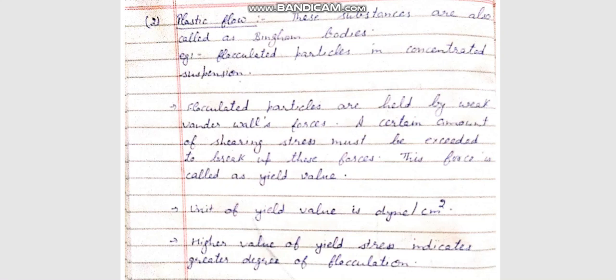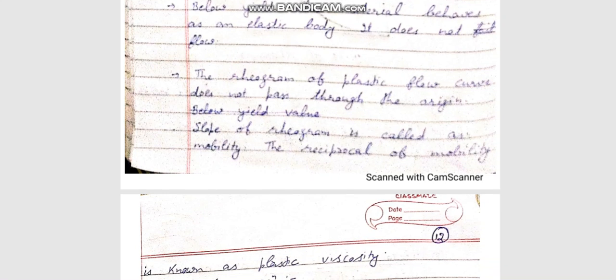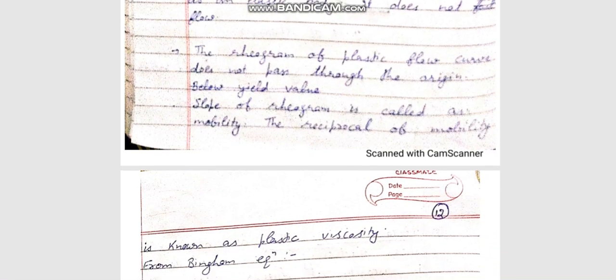Below the yield value, the particles will not start to flow, whether stress is applied or not. So even with application of force, these particles will not move until they have been broken into smaller ones. The unit of yield value is dyne per centimeter, and the rheogram of plastic flow does not pass through the origin.